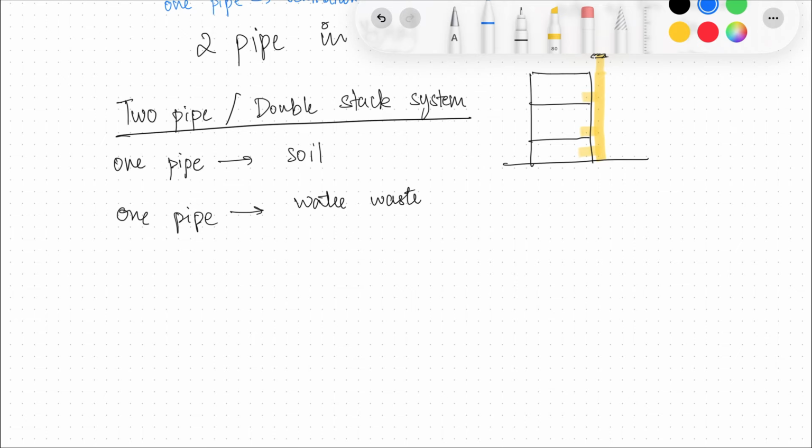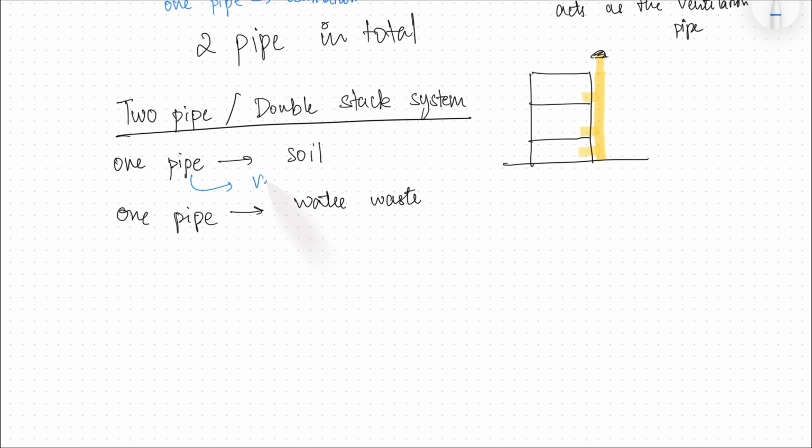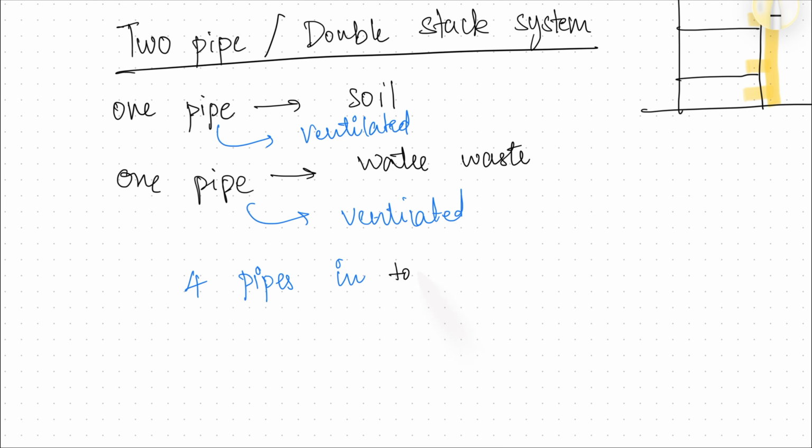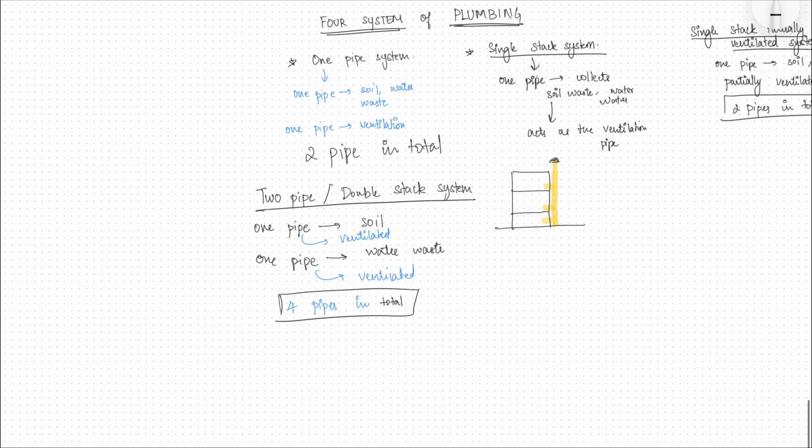So this is ventilated separately, and this is ventilated separately. So it means it has four pipes in total. So these are the four plumbing systems.